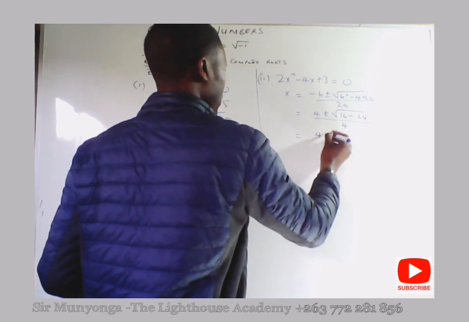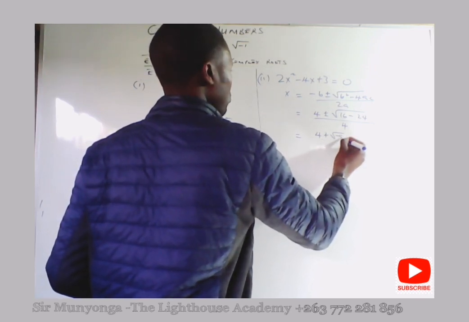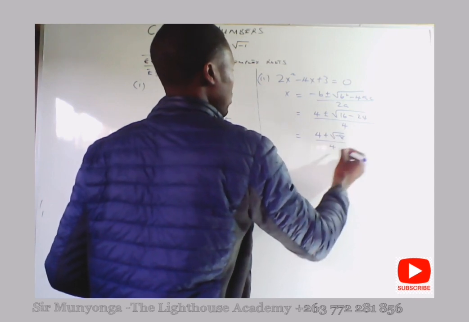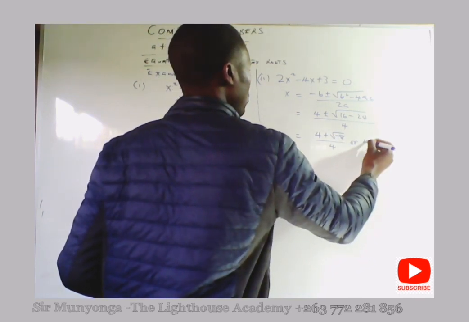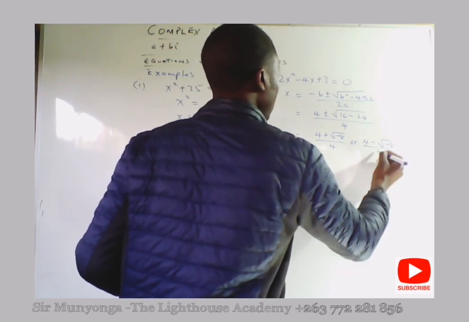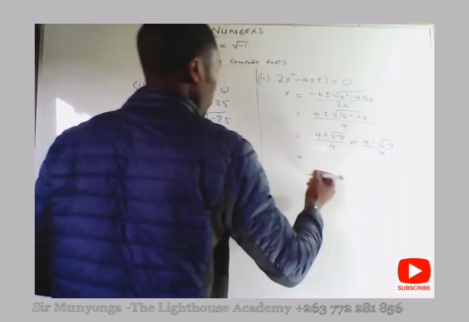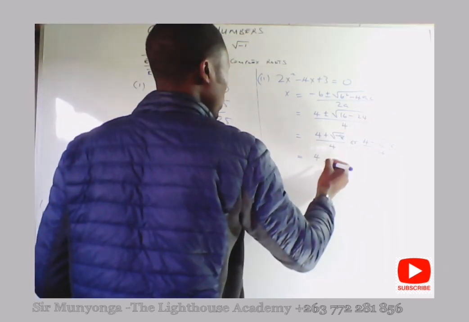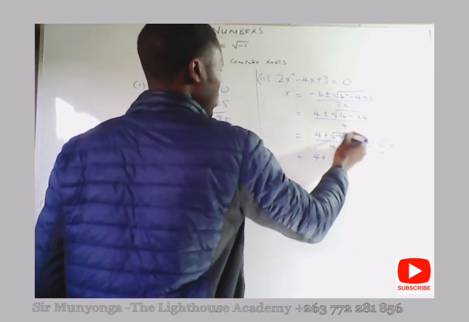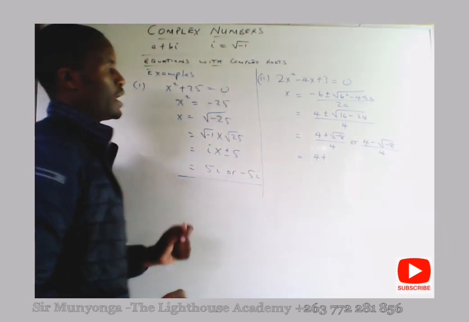So that's 4 plus root minus 8 over 4, or 4 minus root minus 8 all over 4. The square root of minus 8, that can be split now. Remember the square root of 8, that's 4 times 2.